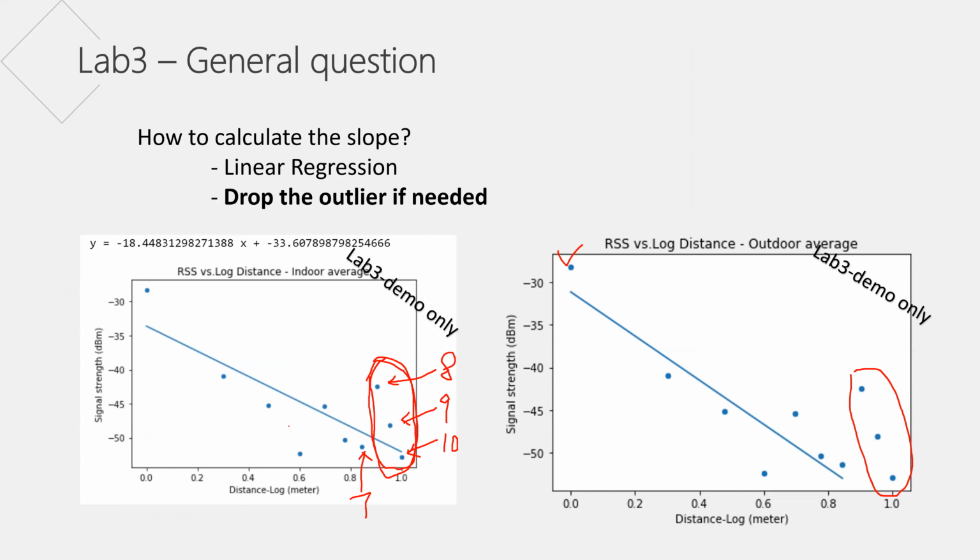So you can see, at first I fit my line with all the scatter points. But in this second graph, I only use the first 7 data points to fit my line, because I think the others are invalid data. So you can do this if needed.